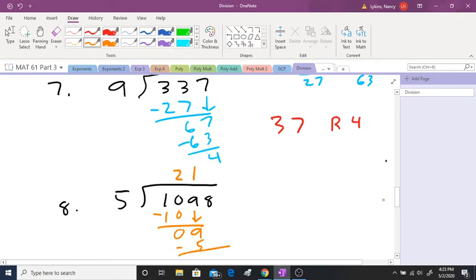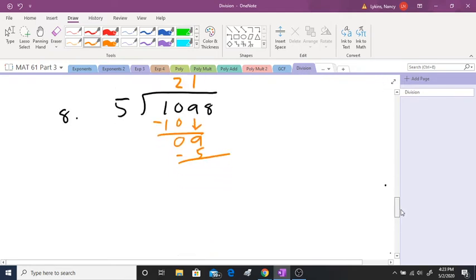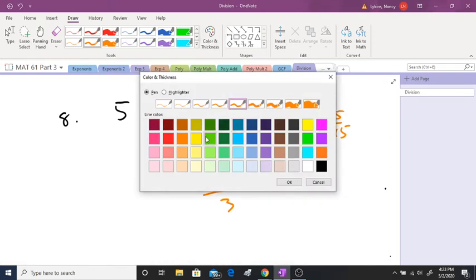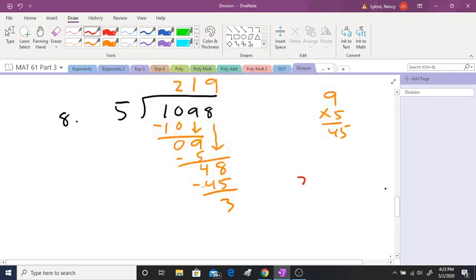I'm going to subtract it, and I get 4, and I'm going to bring down my 8. So now I know that 9 times 5 is 45, so I know that has to be a 9. Then I'm going to subtract the 45, and I get a remainder of 3. So my answer is going to be 219 remainder of 3.